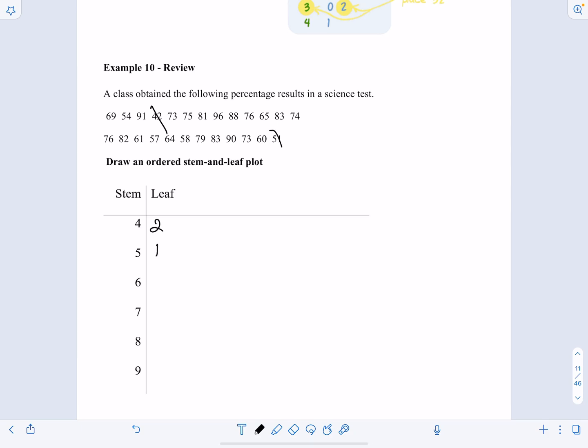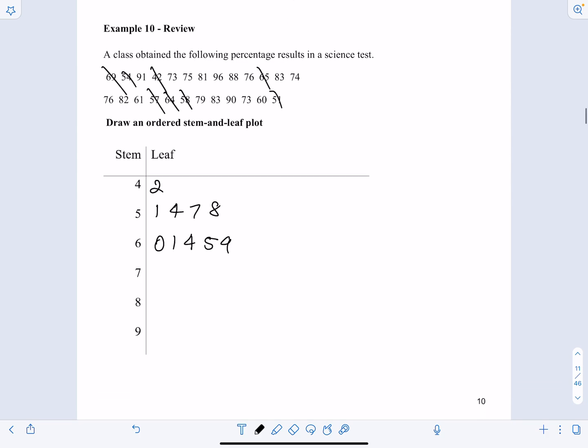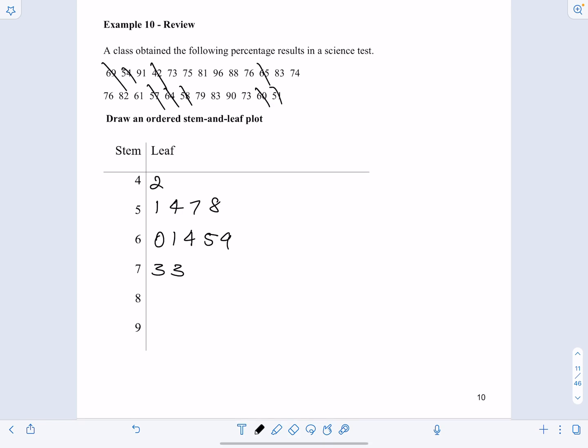So 51, 54, then you have 57, 58, and then you have 60, 61, 64, 65, 69. So that's all of our 50s gone, 60s gone. Now we're into the 70s. So we have 73, 73, 74, 75, 76, 76, 79.